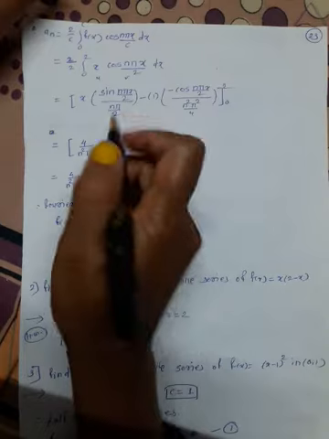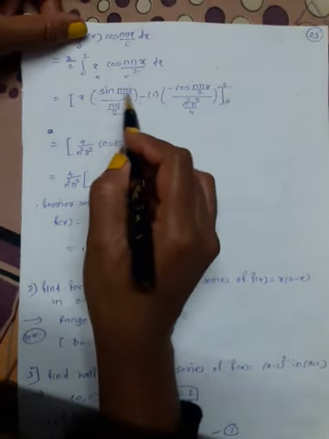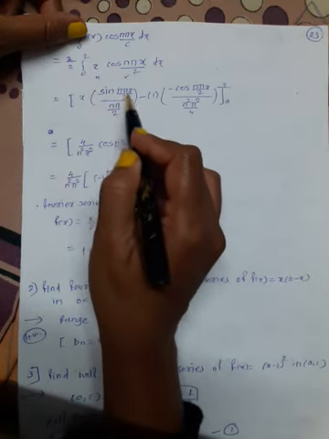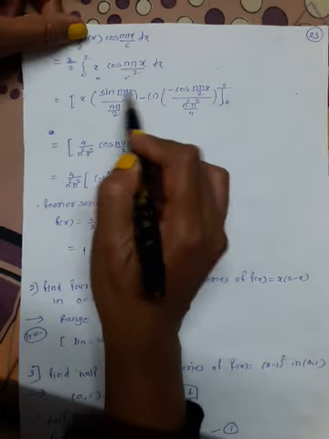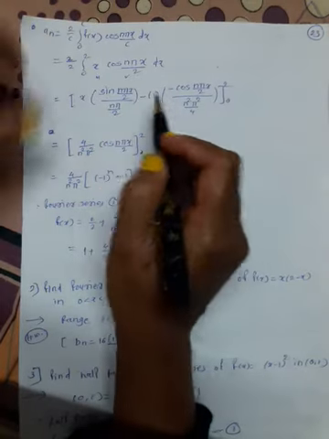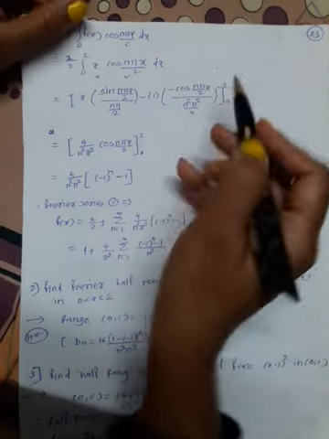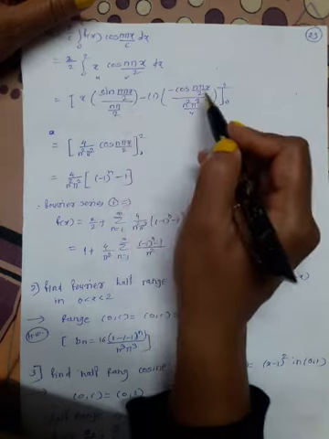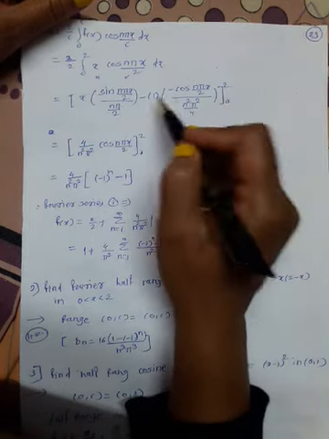U into integration of cos is sin(n pi x by 2) divided by the derivative of the angle, that is n pi by 2, because it is a constant coefficient of x. Next, minus derivative of u is 1, times the integration of sin, where n pi by 2 is a constant. Sin integration is minus cos(n pi x by 2) divided by n pi by 2. Already n pi by 2 is there, that's why it becomes n square pi square by 2 square, that is 4. The next term will be plus, the derivative of 1 is 0.